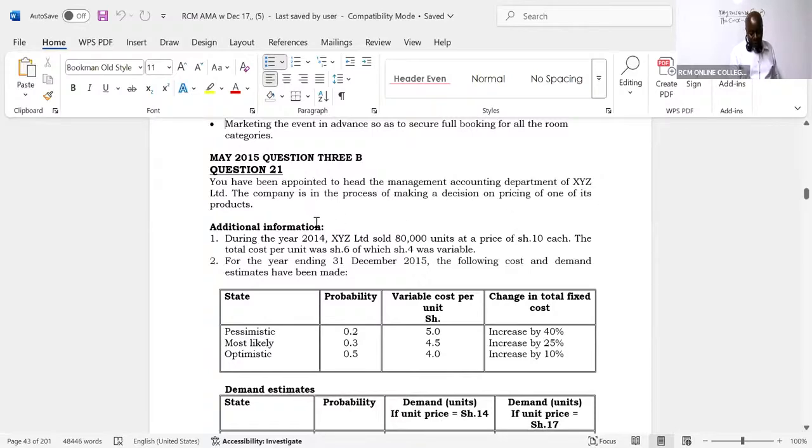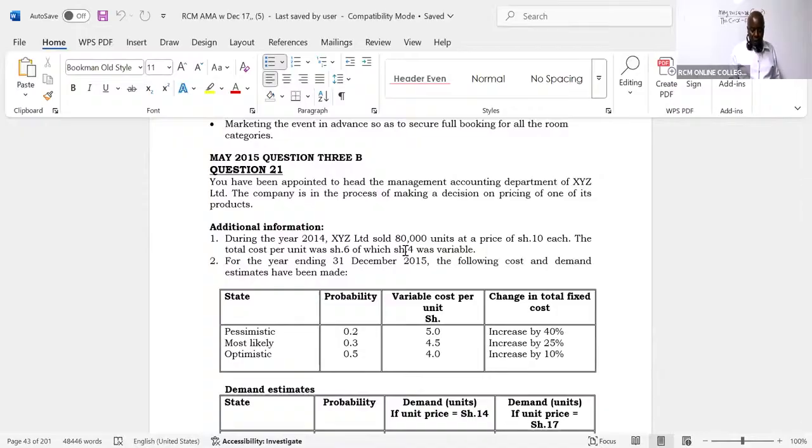Additional information: during the year 2014, XYZ Limited sold 80,000 units at a price of 10 shillings each. The total cost per unit was 6, out of which 4 was variable. When you see them telling you that, they will not give you fixed cost anywhere.